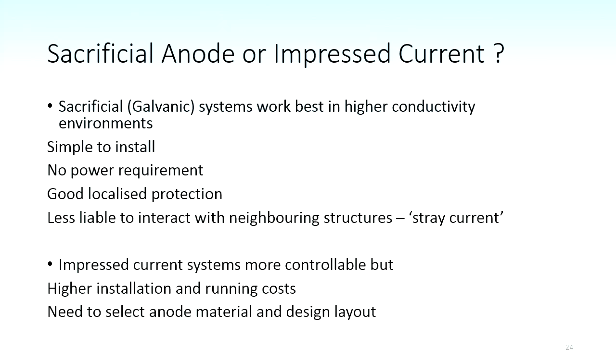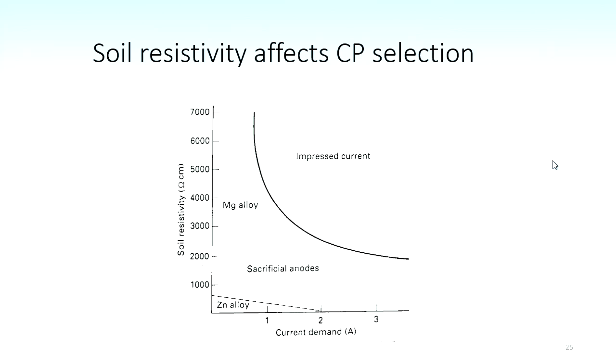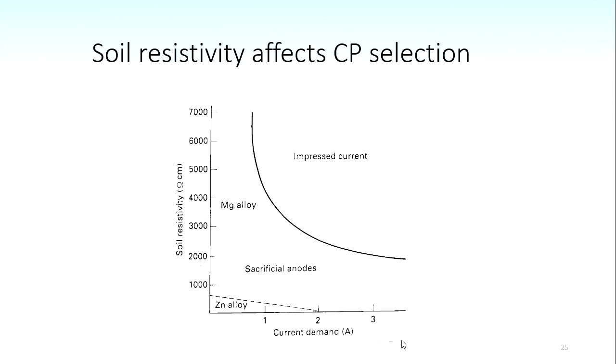So let's look at the impressed current system from general advantages. The systems are significantly higher voltage than our galvanic systems.